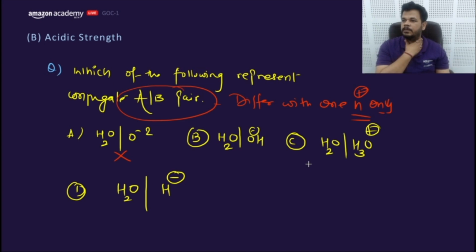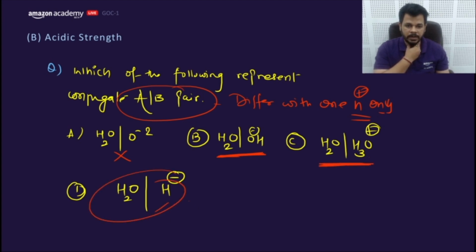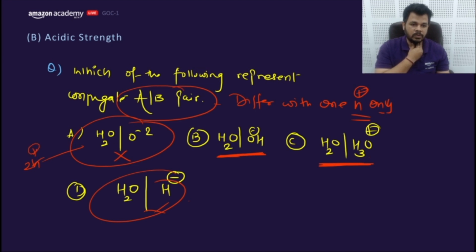Sanya says BC, RS says BC, AK, DG. That means the answer would be what? B and C. They have 1 H plus difference. This one is altogether different and shows 2 H plus difference. So this would not be the answer. So the answer would be B and C. Let's move to the next part of it.